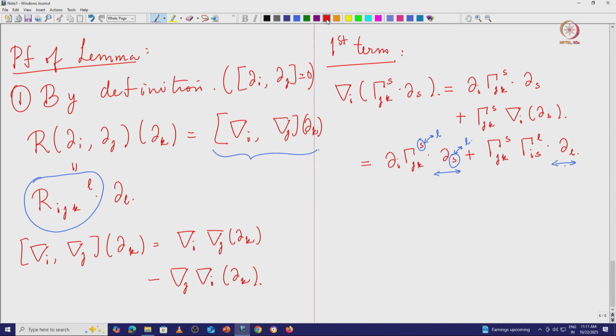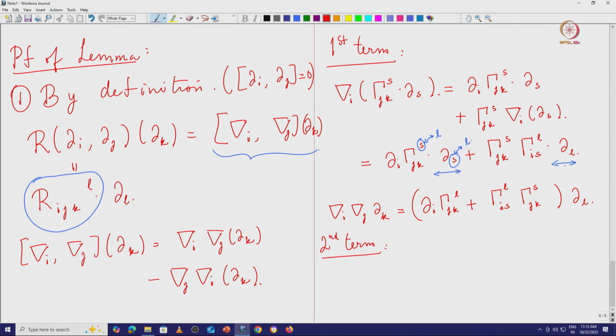So if I do that, I get the following formula: this is simply del i gamma jk l plus gamma i s l gamma jk s, times del l.